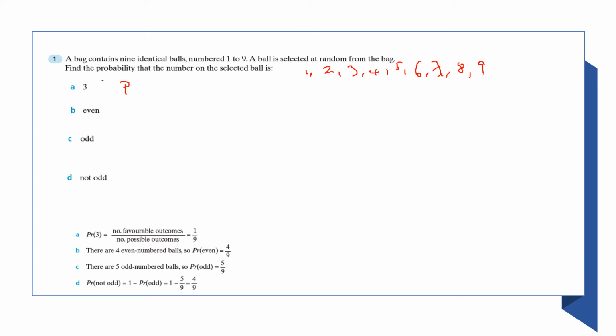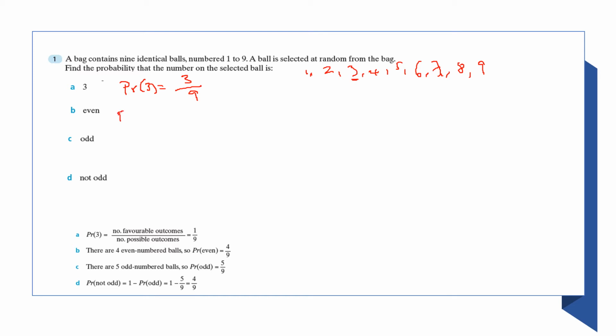The probability of this number being 3 would be equal to the number of favorable outcomes. In other words, how many 3s do we have in these balls? There's only one that's been numbered 3. So that would be 1 divided by the total number, which in this case is 9. So the probability of the ball we selected at random being ball number 3 is 1 over 9.